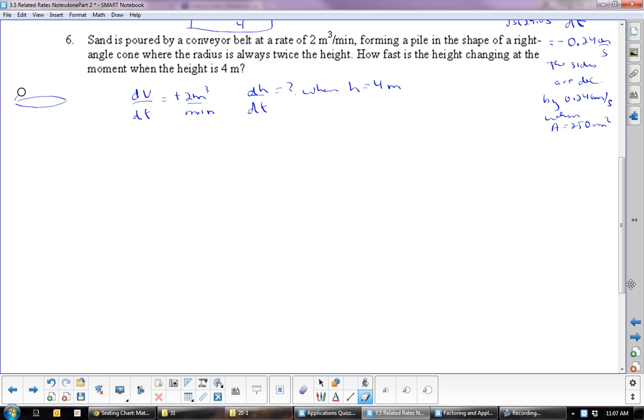Now, is there anything more that I should write down? Actually, yeah, and this always messes with students' heads, even with me sometimes. Is it 2h equals r or 2r equals h? And the radius is twice the height, right?